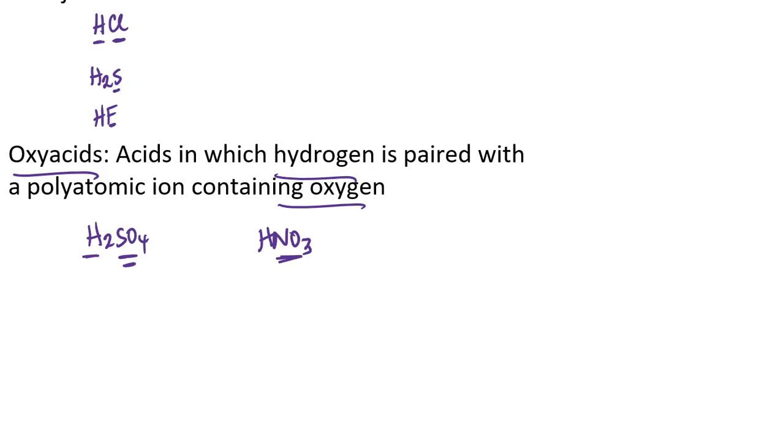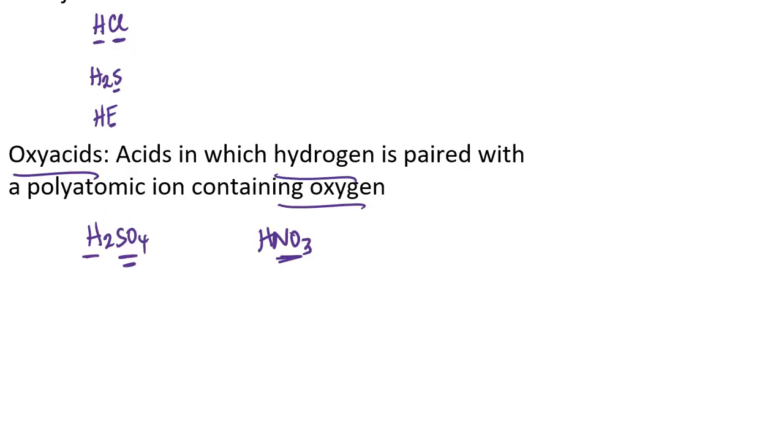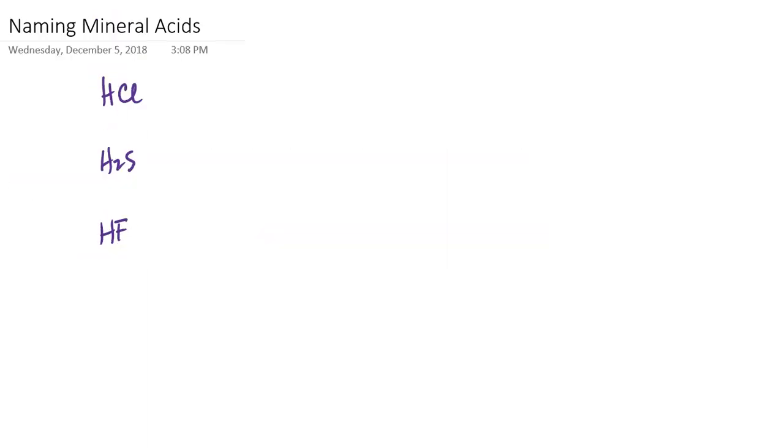And so let's break down how we actually name each category of acids. As I mentioned, we have these examples that I used in the previous slide, and in order to maintain consistency, I'm going to use those same acids that I used in the slide before. Naming these acids involves the following.